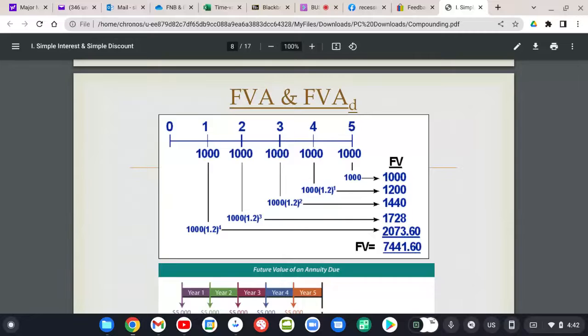Now think about it. First deposit you made at the end of year one will be compounded 4 times, right? By the end of the timeline, 5 years, it will be compounded 4 times. Second one will be compounded 3 times. Third one will be compounded 2 times. Fourth deposit will be compounded just once.